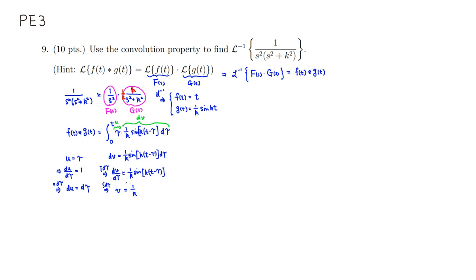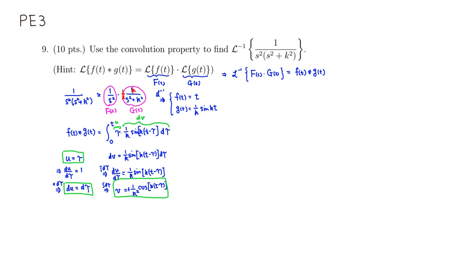The antiderivative of sine is negative cosine of k times t minus tau, but you have to divide by negative k, so it becomes positive and you have another k. Now we need to complete the integration by parts with u, du, and v.